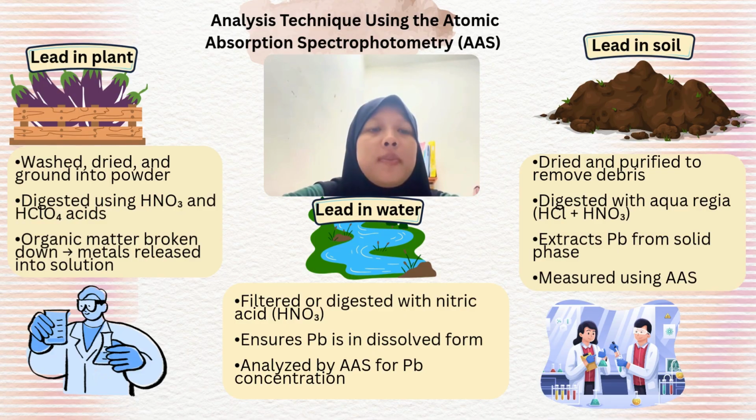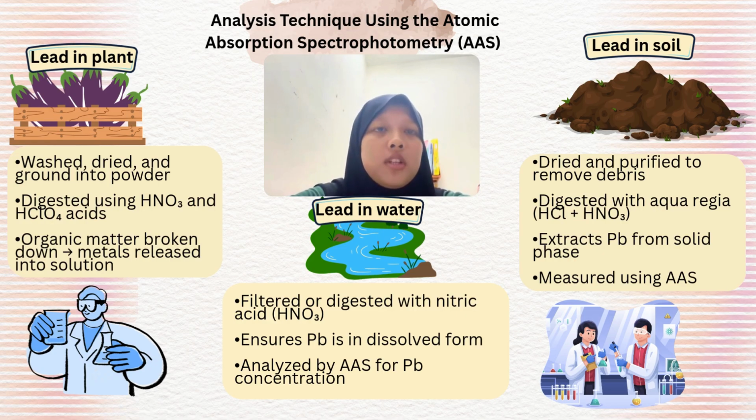Next, for the plant sample, the material was first washed, dried and ground into powder. Then it was digested using nitric and perchloric acid to break down organic matter, releasing the metal into solution for analysis. In the water sample, the sample was either filtered or digested with nitric acid to ensure all the lead was in dissolved form. After that, they were analyzed directly using AAS to measure lead concentrations.